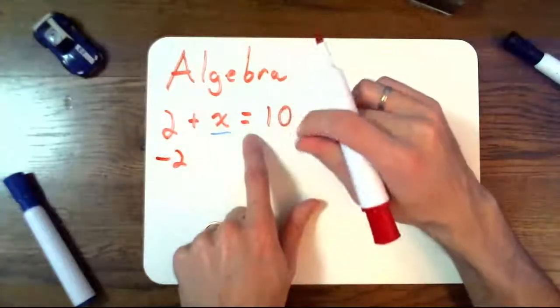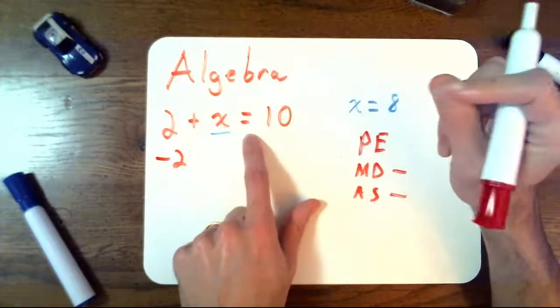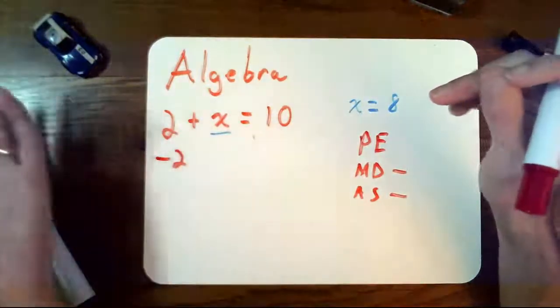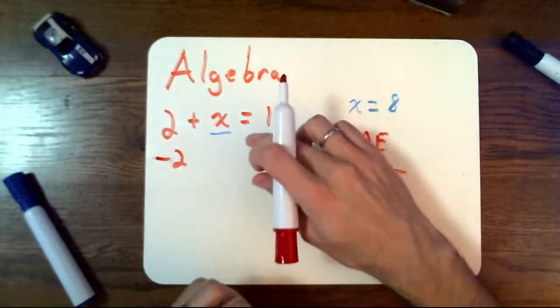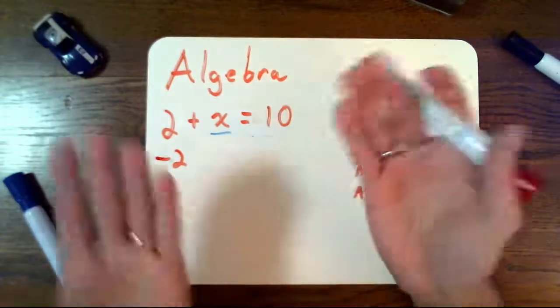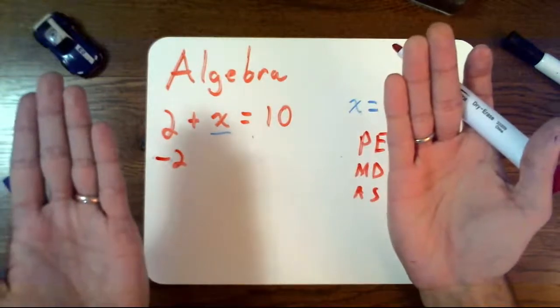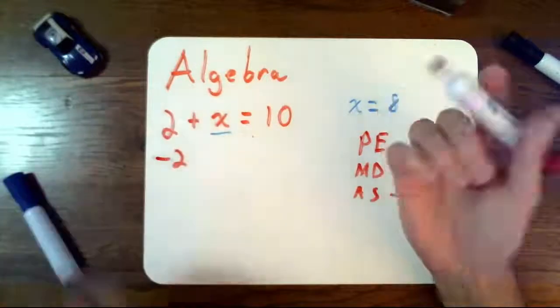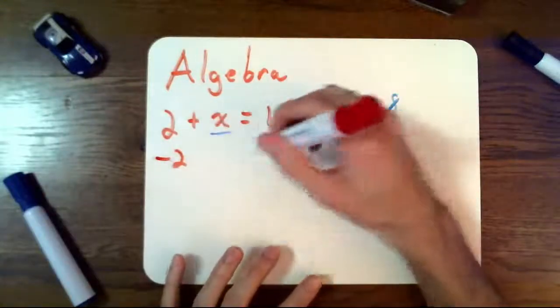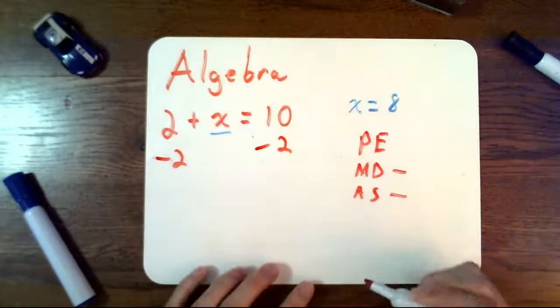Here is where algebra is very important. Since there is an equal sign, you can think of it like a scale. So if I'm taking 2 away from this side, I need to take 2 away from that side to make it balance again. So 2 away from here, 2 away from here.